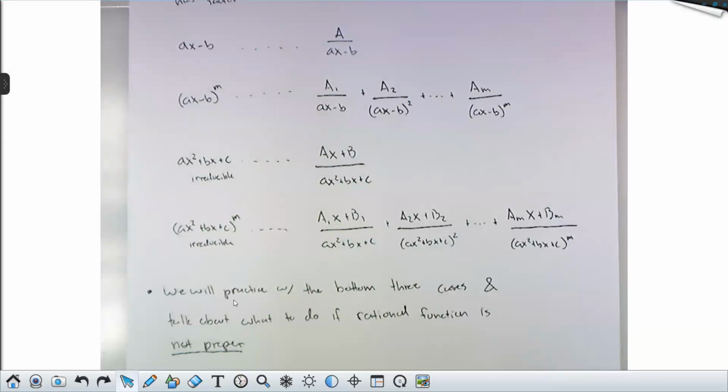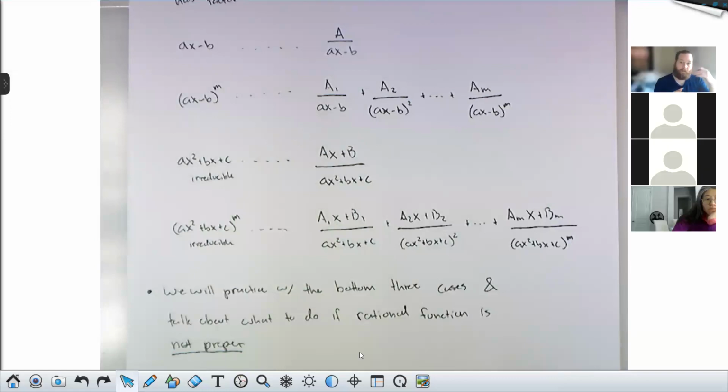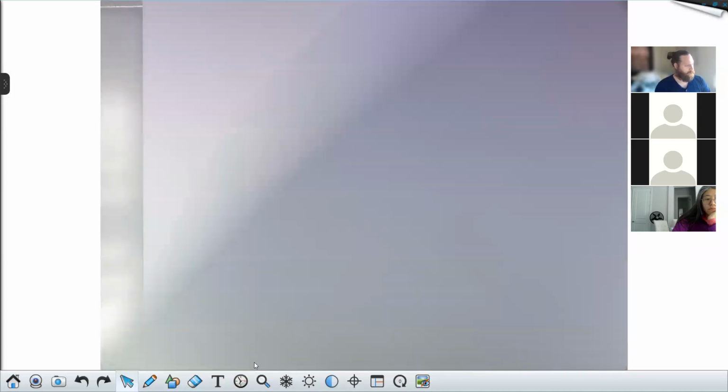So if you're given a rational function to integrate, and the degree of the top is the same as the degree of the bottom, or the degree of the top is bigger than the degree of the bottom, then you can't do any of this. All of this presupposes that your rational function is proper. So I want to begin with this. You have some problems in your homework that address this issue, and you may have worked your way through that already if you're trying to be super on top of your stuff.